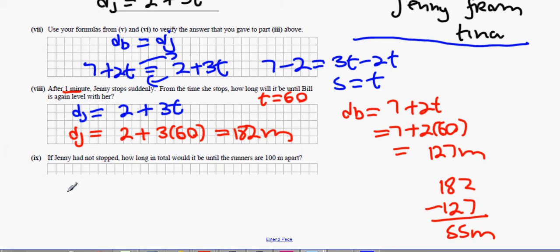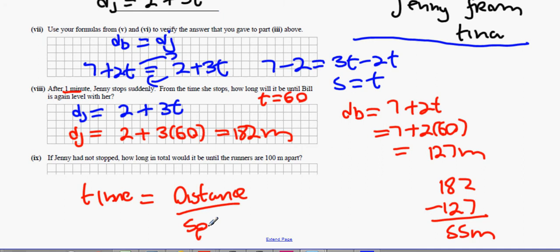Now every second, remember, time equals distance over speed. Now that Jenny has stopped, the distance between both of them is 55 meters, and Bill is covering 2 meters per second.